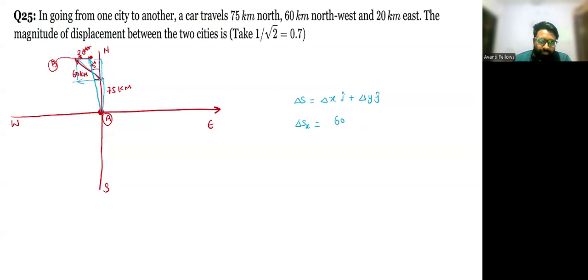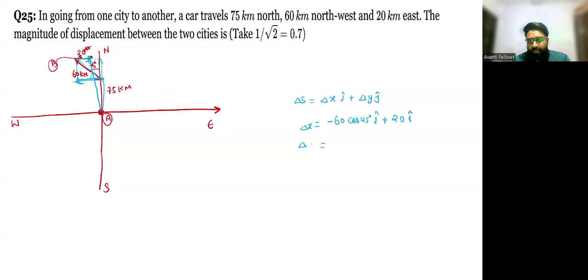If you see this one, 60 kilometer northwest, so it is minus 60 cos 45 i cap, plus 20 kilometer we have covered in the positive, which means east direction. So it is 20 i cap. Now here it's delta x only.